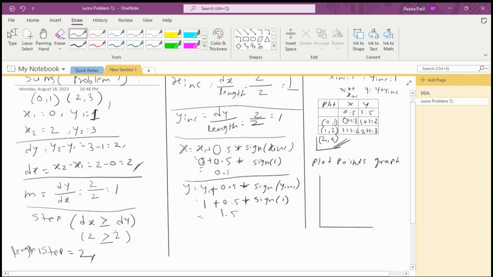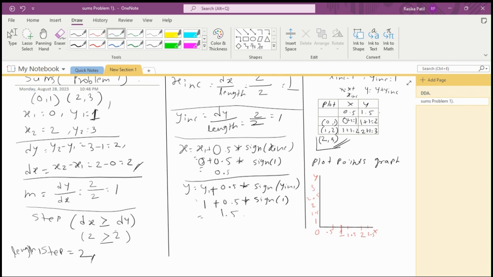This is our x-axis, this is our y-axis, this is our origin. On that, we have to plot some points: this is 0.5, this is our 1, this is 1.5, this is 2, this is 2.5. Then here 1, 1.5, 2, 2.5 and 3, right?